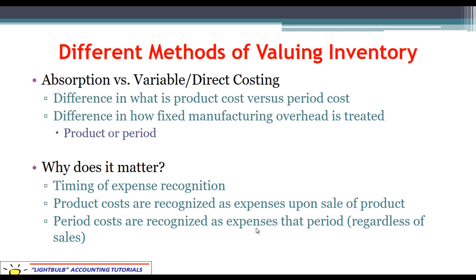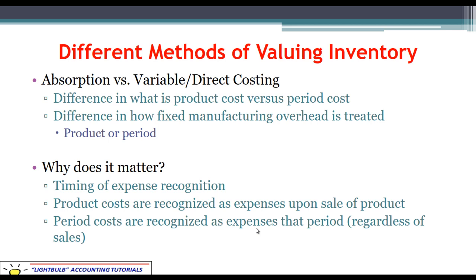So again, you may question, why does this matter? As I alluded to earlier, it's all about the timing of expense recognition. If you are using the variable or direct costing method, then that fixed manufacturing overhead is going to get expensed that period regardless of what production it related to and regardless of whether those units have been sold yet or not.